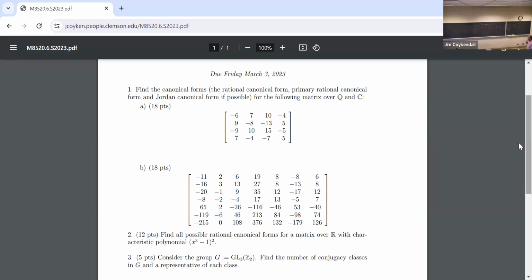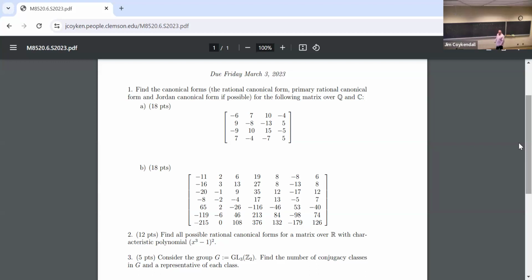All right? Now, let me point out, y'all remember the class equation? Basically you can count the group by the center, which in the case of S3 is just the identity, and then you can look at all the conjugacy classes of every element.